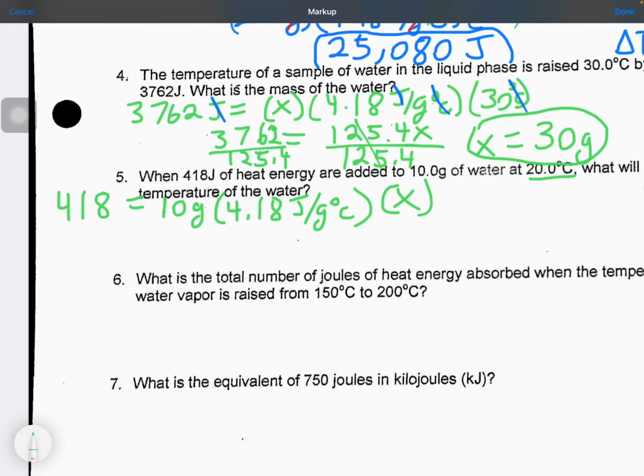So what we're going to do is multiply 10 by 4.18. So 10 times 4.18 comes out to be 41.8. And that X is equal to 418. Divide both sides by 41.8.